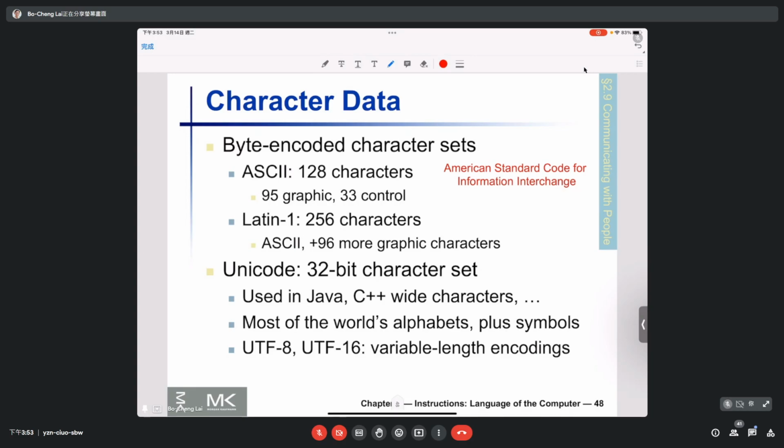But it's not enough. When a computer is spread out worldwide, you need to support more character sets, like Chinese. How many characters in Chinese? 你知道中文有几个 characters 吗？中文有几万个 character，可能5万到10万，不知道中文字到底有多少个。Anyway, you need a character set to support this.